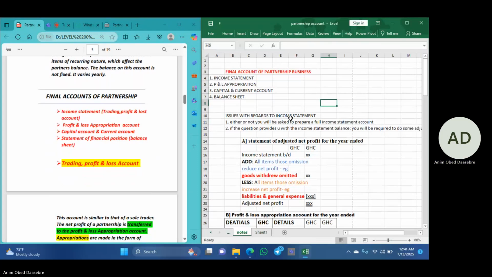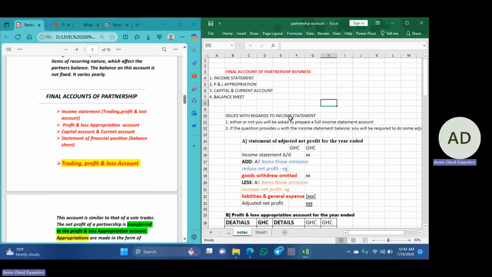Now, one thing that you also need to know is that this income statement profit that they have given to you, you are not just going to share straight away among the partners in the business.